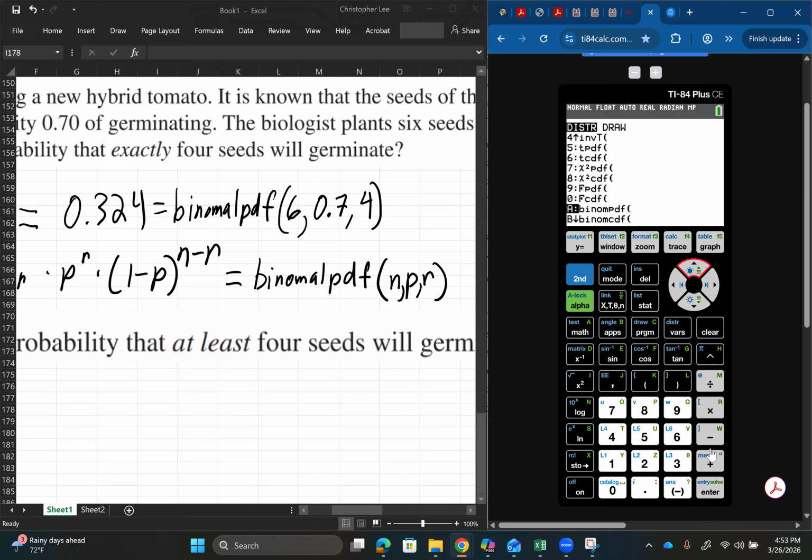Remember, PDF is for R equals, CDF is for less than or equal to. Then you just type in 6, 0.7, and then 4. And then you get your answer. Same answer.